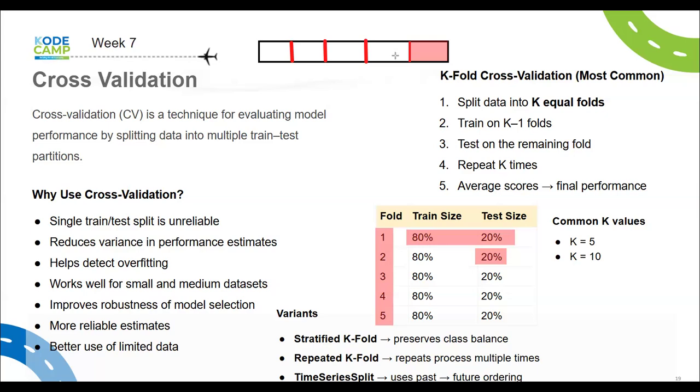And then you calculate validation errors on those 5 different models, compare the validation errors, and perhaps take the average value of the validation errors from those 5 different folds. Okay. And that is what we will now use as our overall validation error.